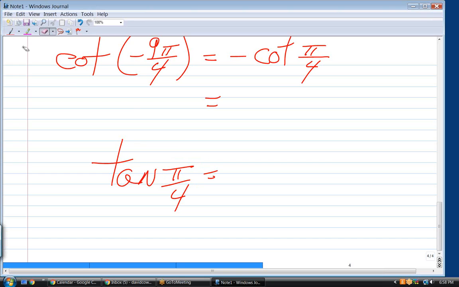So all I need to know is what the tangent is. The tangent is 1, so what's the cotangent? 1. Right. So this would be -1. In other words, I didn't need to use the identity cosine over sine. I could figure out cotangent immediately.